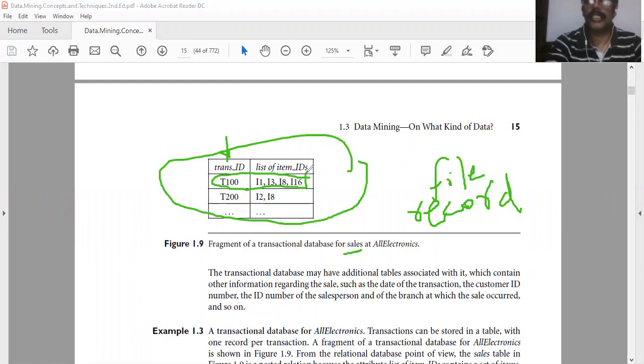Here in the transaction ID T100, a customer buys item 1, item 3, item 8 and item 16. In transaction T200, only 2 items are purchased, I2 and I8, etc.